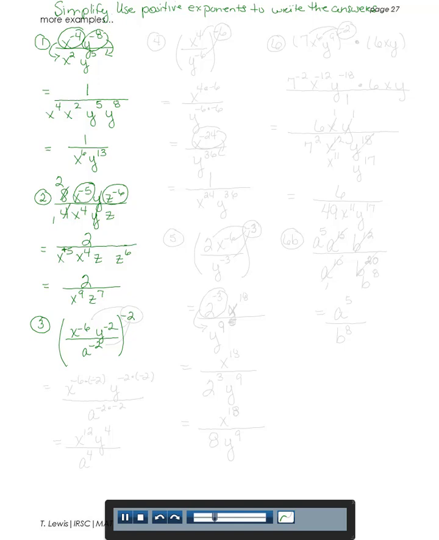Now, if you want to see the work, you're saying x to the negative 6 times negative 2, y to the negative 2 times negative 2. This is what you're doing. All over a to the negative 2 times negative 2. So yes, our exponents become positive.